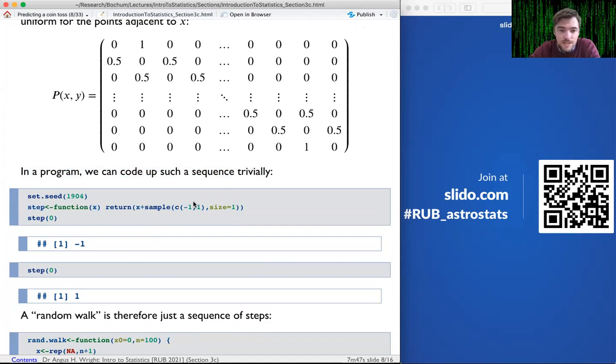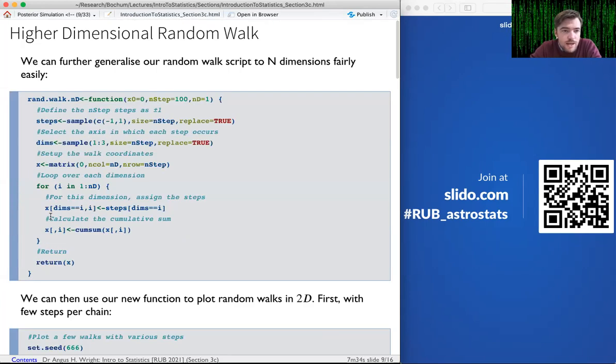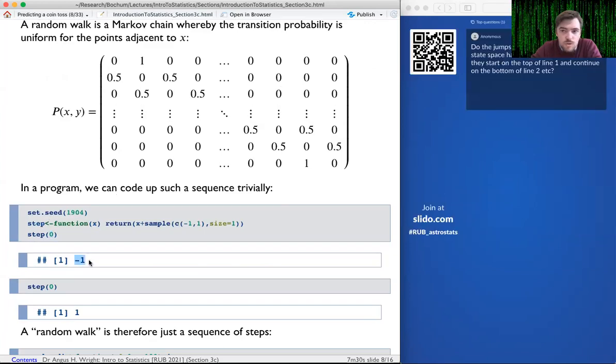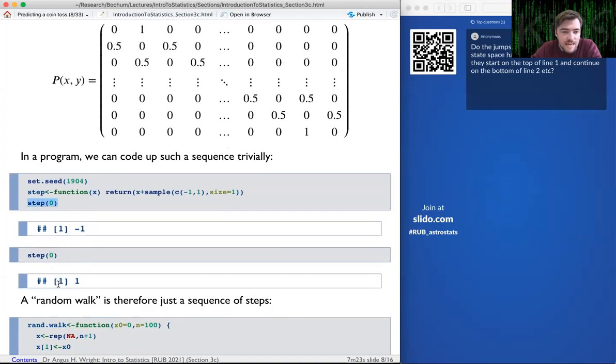So I sample a single one of these two numbers with equal probability, and that determines whether I step forward or back, +1 or -1. If I'm at 0 and I run the step, then I end up at -1. If I'm at 0 and I run the step again, then I end up at 1, because there's a 50% chance of ending up either way.